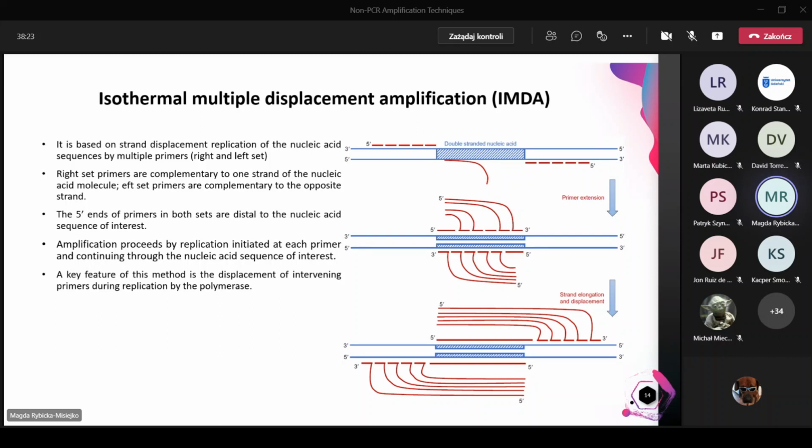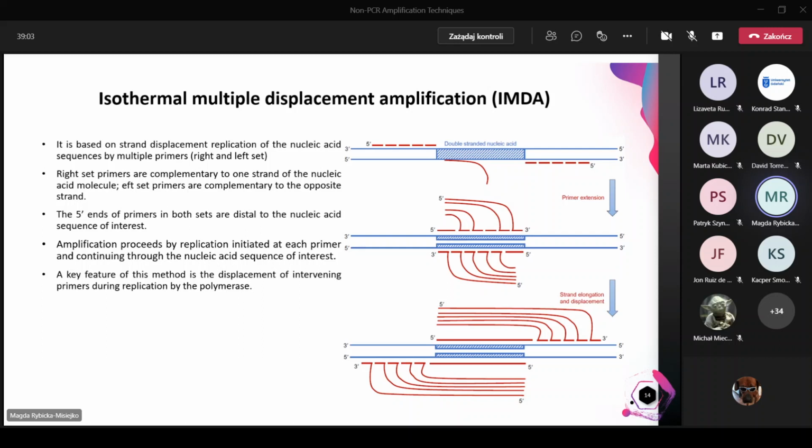At the top, there is a double-stranded nucleic acid molecule which contains nucleic acid of interest, the hatched area. Hybridized to the nucleic acid molecules are right and left sets of primers, and the middle panel is the multiple strands of replicated nucleic acid being elongated from each primer. The polymerase at the end of each elongating strand displaces the elongating strand of the primer ahead of it.